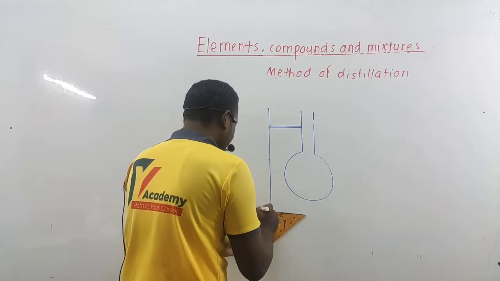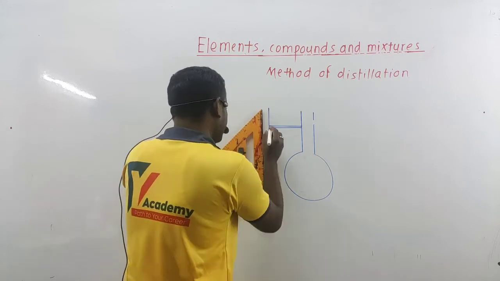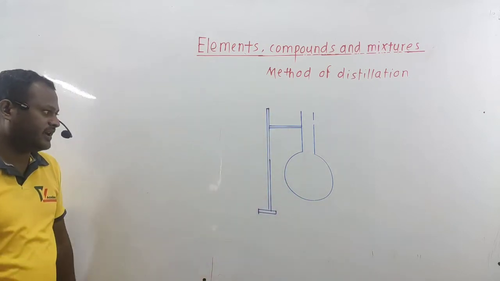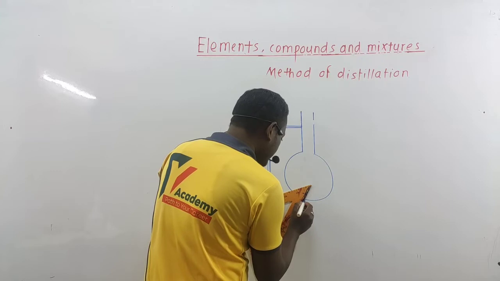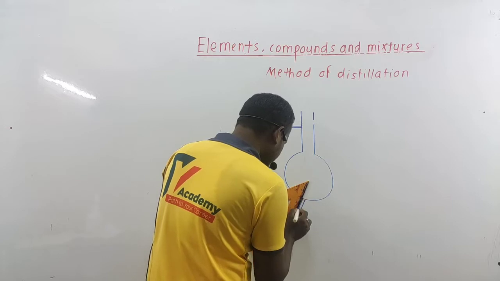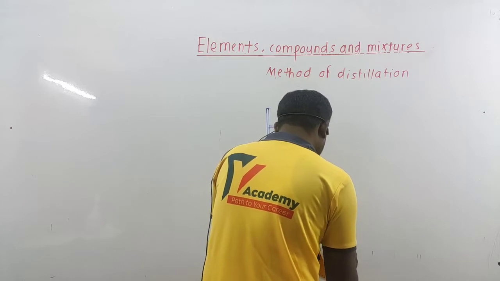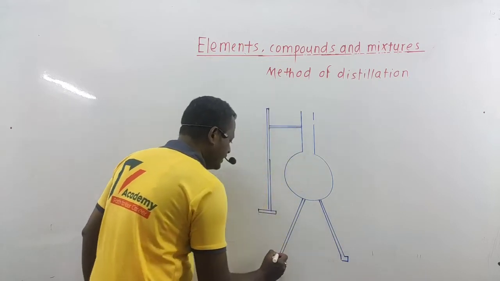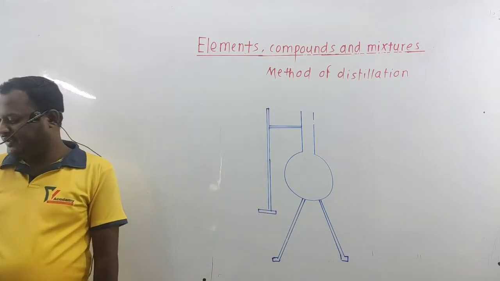This is a stand. This round flask is kept on a stand like that and heated with the help of a gas burner.